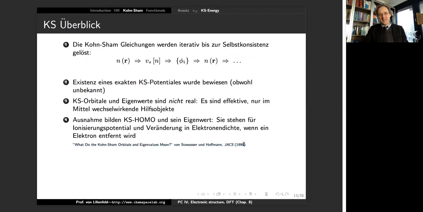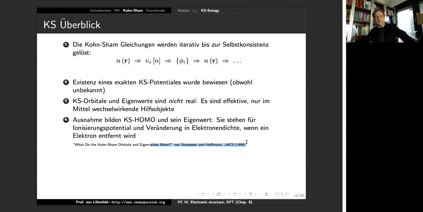To me, this is recent, but I just realized it's already 22 years ago. Roald Hoffmann is the Nobel Prize winner from the Woodward-Hoffmann rules. He's still alive and kicking, and they contributed a nice paper, in which many theoretical chemists argue about the meaning of these eigenvalues and orbitals when there's not a unique solution but multiple solutions.